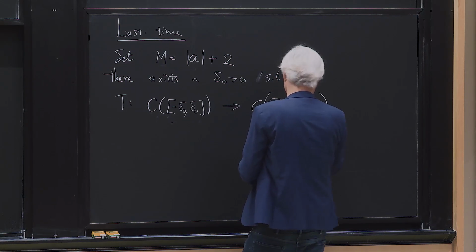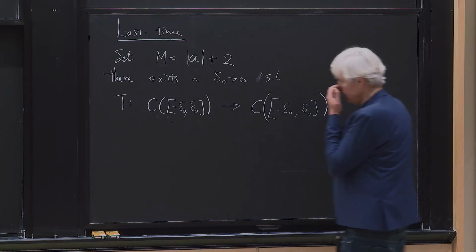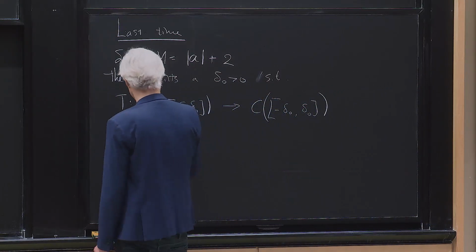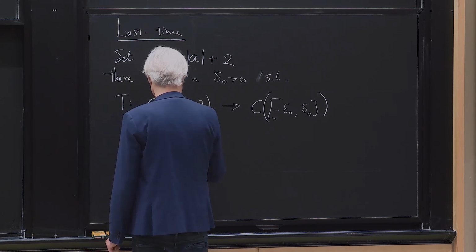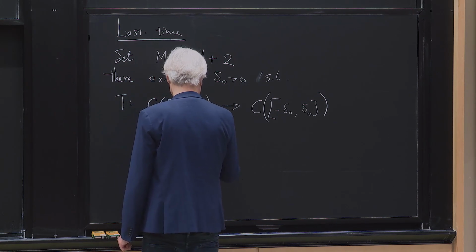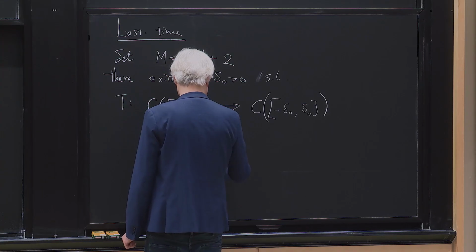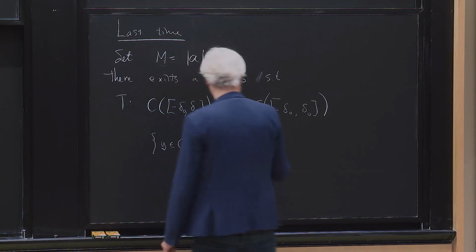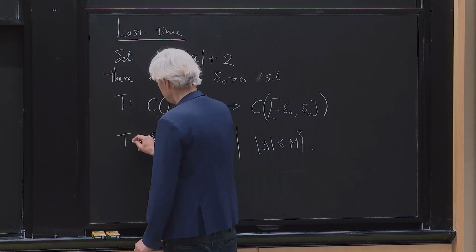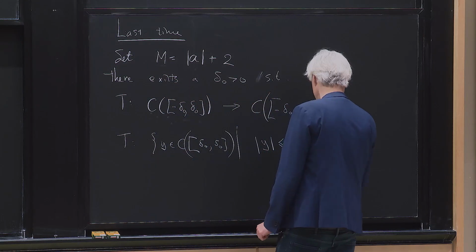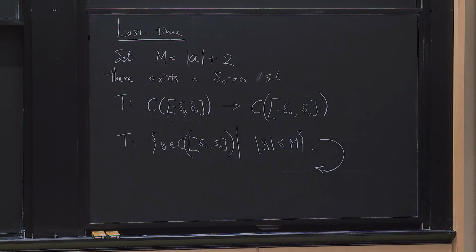But we have something more, that if you're looking at the subspace of this, which is the space of functions y that are here, and you also require that the norm here is less or equal to m, then T takes this space here into itself, right? This is this lemma that we proved last time, right? And so, okay.